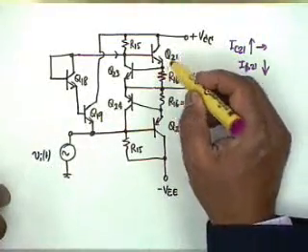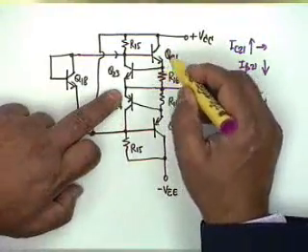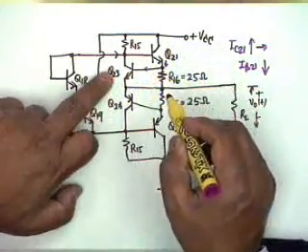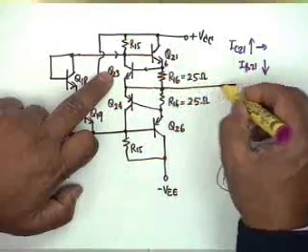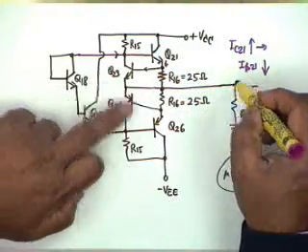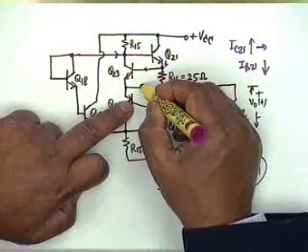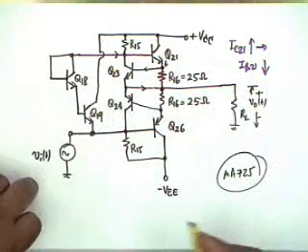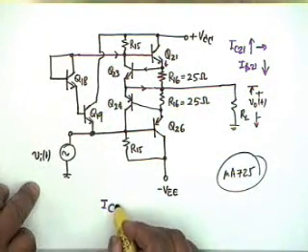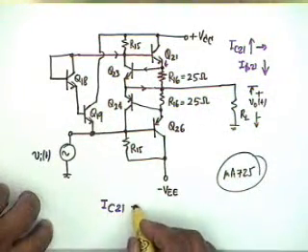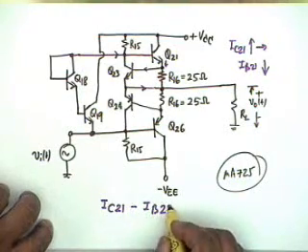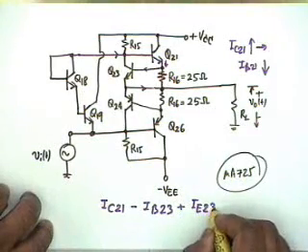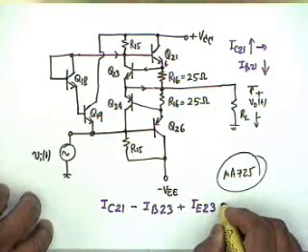And therefore, if you write the current equation at this junction, IC21 minus IB23 should be equal to the load current. Okay, no, there is another current here, IE23. So if I write the equation, IC21 minus IB23 plus IE23 should be equal to IL.